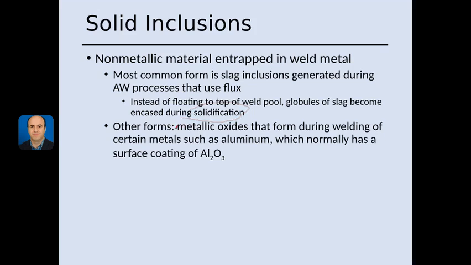So that is one problem, that it affects the strength of the weld, because we have discontinuity. Other metallic oxides may be entrapped inside the weld metal. Aluminum oxide is one of them, and it degrades the mechanical property of the weld metal.